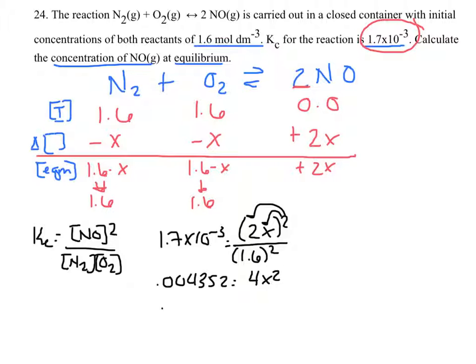Divide by 4, I get 0.001088 equals x squared. Square root it, I get 0.033 equals x.